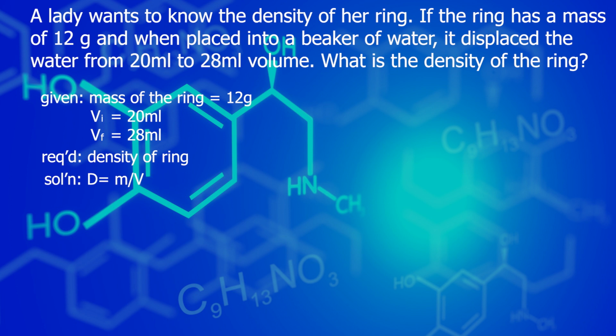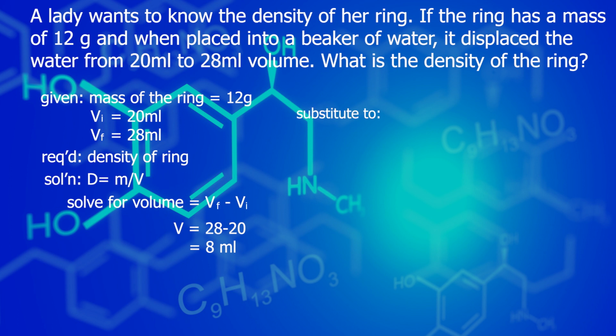So get the volume of the object by getting the difference between the final volume reading and the initial volume reading of the liquid. In this case, we have 28 minus 20 equals 8 ml.